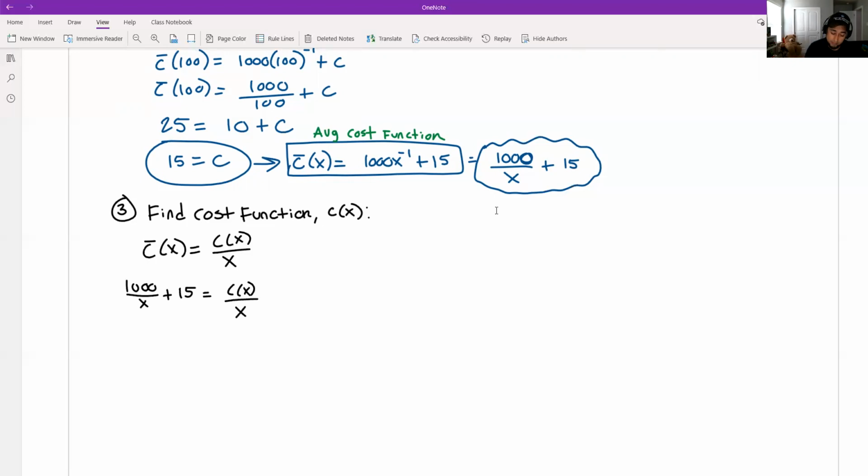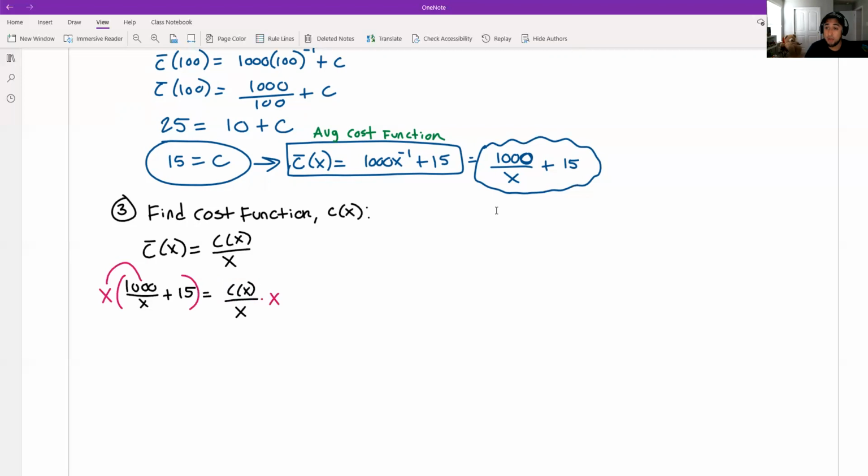So all I have to do to solve for C of x is, first, get rid of this x. In order to get rid of that x, I will multiply both sides by x. That's all I'm going to do. So multiply this side by x, and multiply all of this by x. When I do that, this x will distribute to the 1,000 over x and the 15.